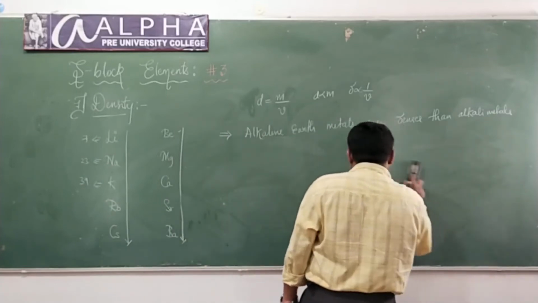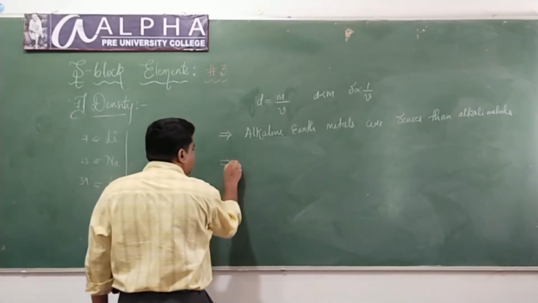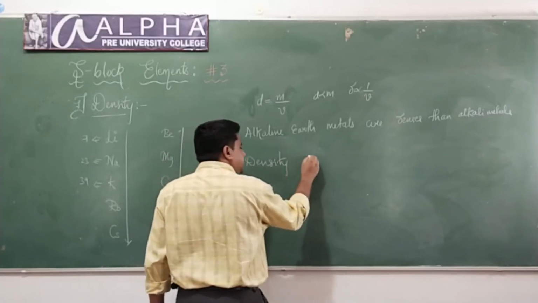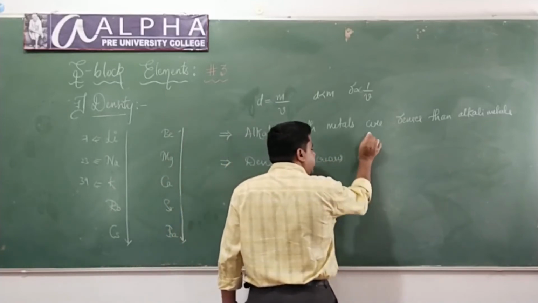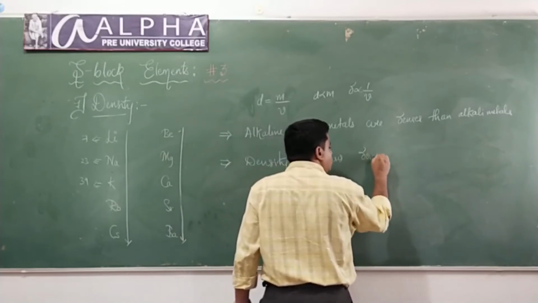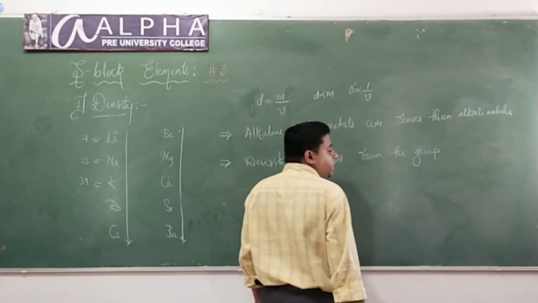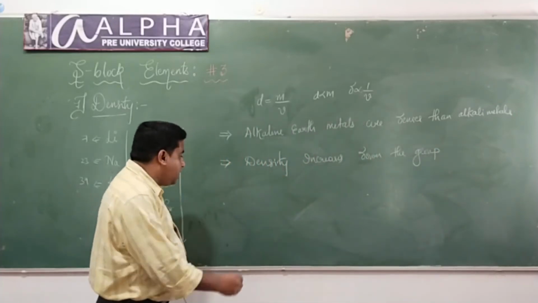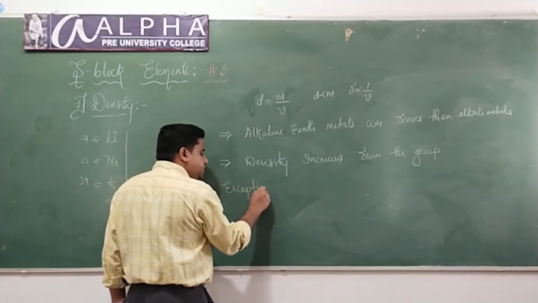So my conclusion is, density increases down the group due to enormous increase in atomic mass. Note it down. But there is an exception to this.